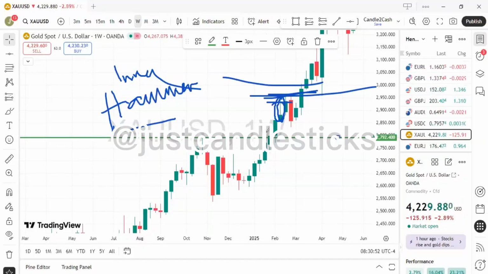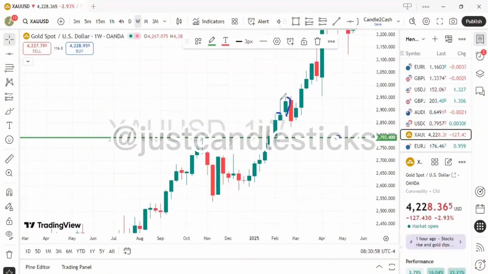So since there is no level, it means after this hammer candle, the next candle will go up. After this hammer, you could take a trade here. For a whole week, this is a weekly trade. You can see these are weekly candles. So this is the benefit of trading candlesticks, because you could just place a trade for a whole week and allow the market to run if you don't have the time.